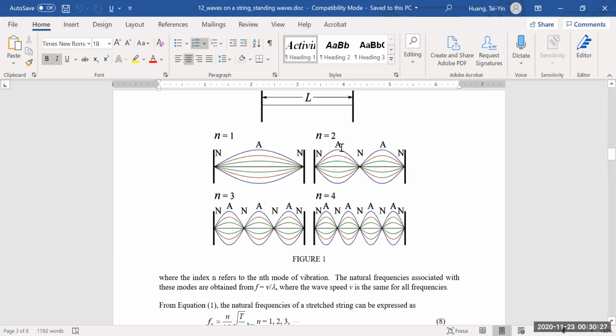And if you look at the separation between the antinode and the node, you'll see that the separation is a quarter wavelength. This is a quarter, this is a quarter, so that's a half, and then another quarter to complete one cycle.